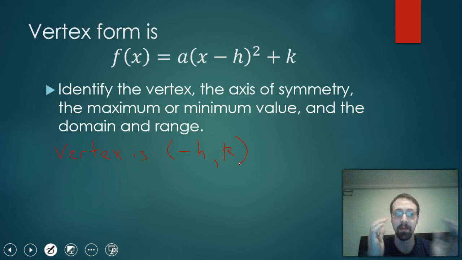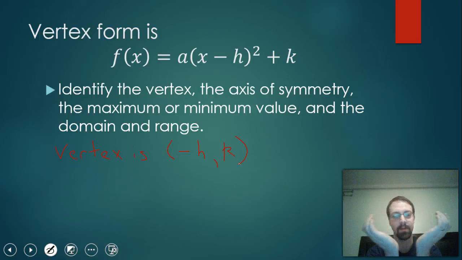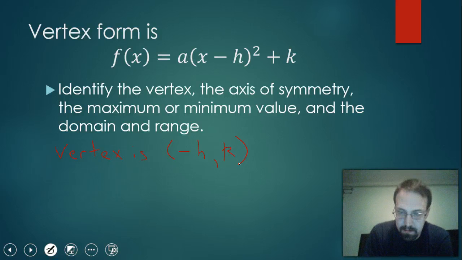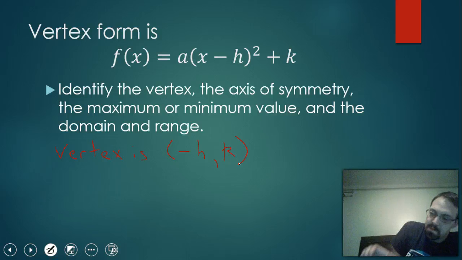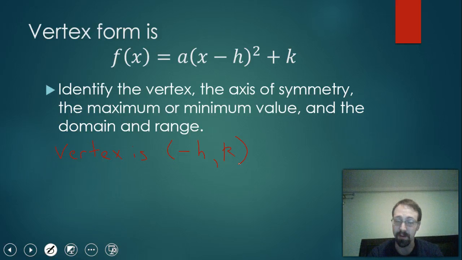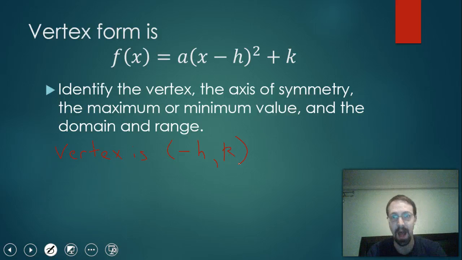It's a point on the parabola where my two wrists are meeting, if it goes up or if it goes down. So that's my vertex. It's negative h, k. Opposite h.